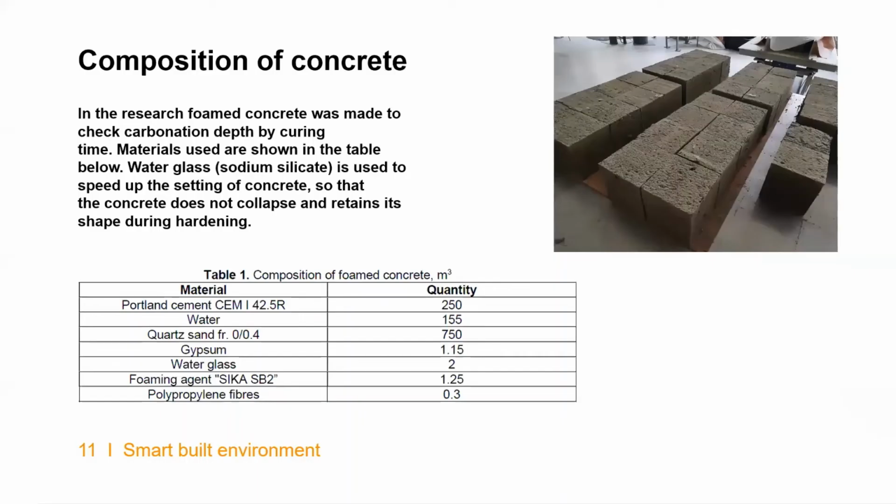For the composition of the concrete, I made a few different compositions and chose this one for the slides because of its density and other workability properties. In this composition, water glass was used to speed up the setting of the concrete so that it does not collapse and retains its shape during hardening.